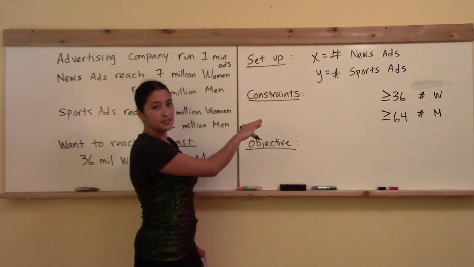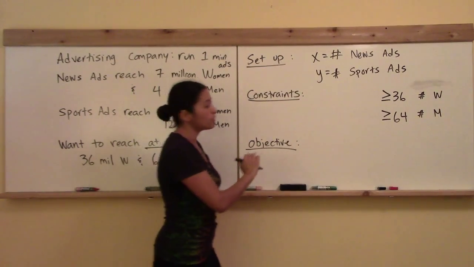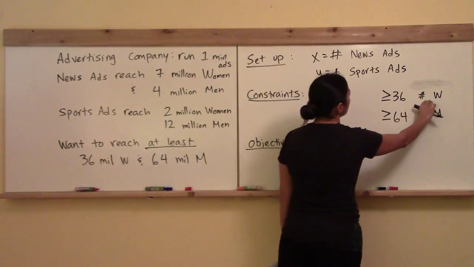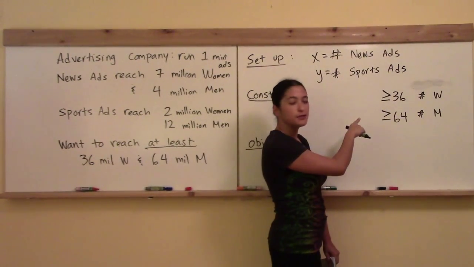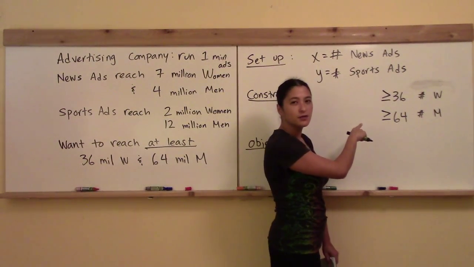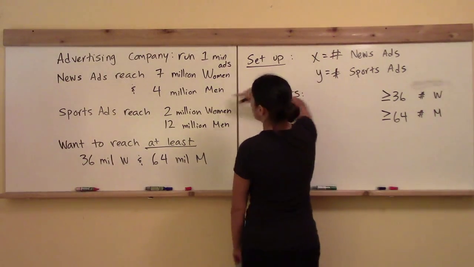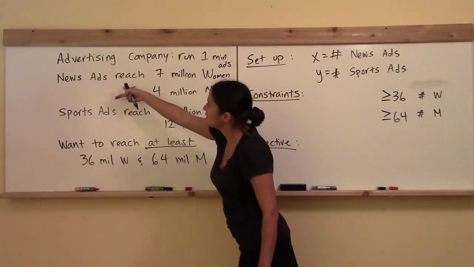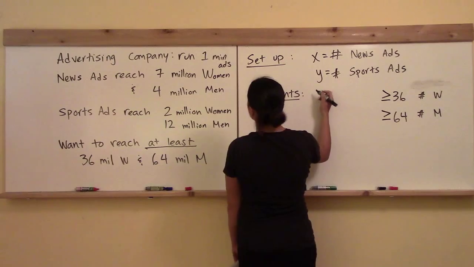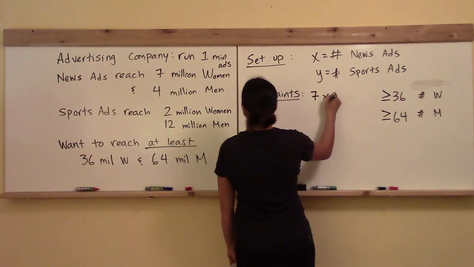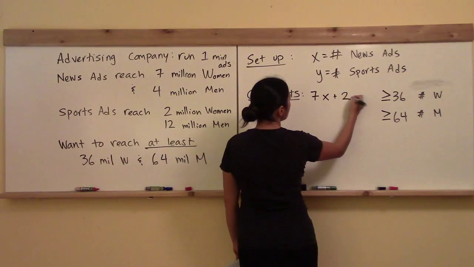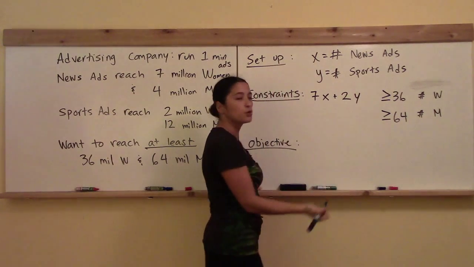Okay, so that 36 number, that was the number of women that I want to reach, and again, that's a hint that that should not be used as your X or Y variable. So taking the X and Y variable as the other double concept that I see here, I see that 7 million women are reached with each news ad, and 2 million women are reached with each sports ad.